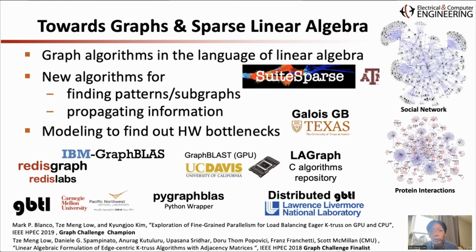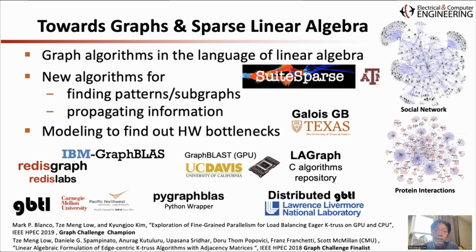More recently, what we have been looking at is moving towards the irregular domains, the graph and sparse linear algebra domain. So we are very actively involved in the GraphBLAS community on how to use sparse linear algebra to compute graph algorithms.